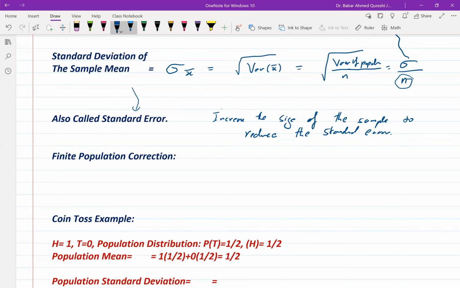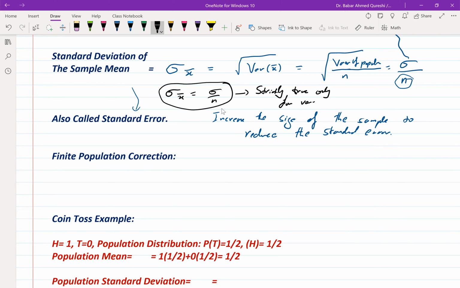Okay, now this formula, this is an important formula. This is strictly true only for a very large population, large compared to the sample.